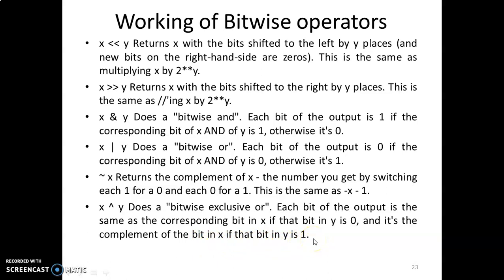I would tell you an easier way for this. In bitwise exclusive OR, you can add up the bits, and if the sum of the bits is odd, your resultant bit would be 1. I repeat, in bitwise exclusive OR, you add up the individual bits.